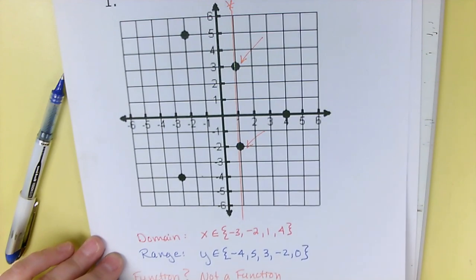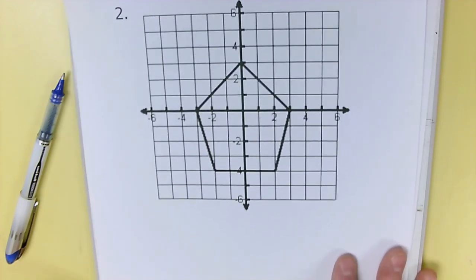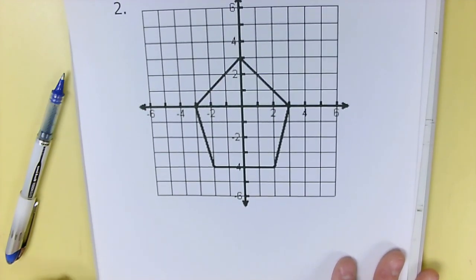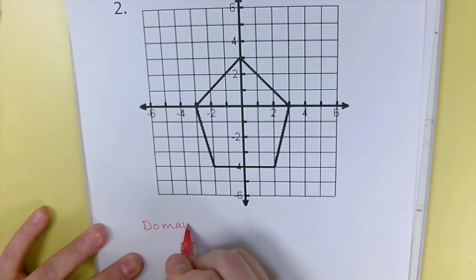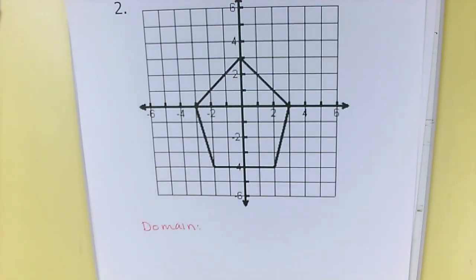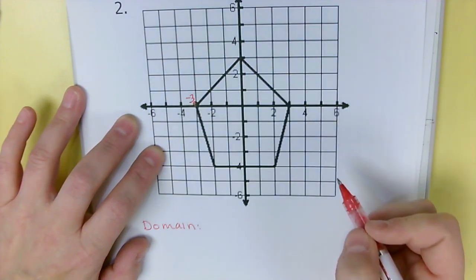Okay, let's go on to number 2 on your sheet. All right, this is number 2. So we're going to start with the domain. Okay, so start with your lowest x value and go up to your highest. So my lowest x value is right here, which is a -3.